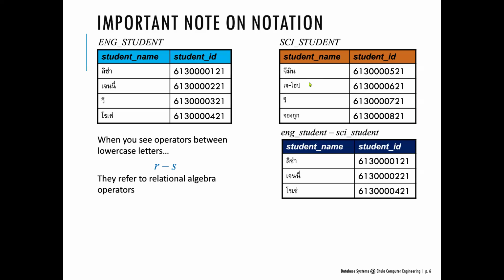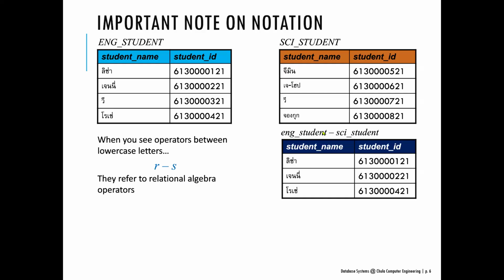If you take a look at this relation called ENG student, and you have SCI student, engineering student, sci student there, right? So the name of the relation is usually written in an uppercase letter to tell you that it is a relation name. But if I want to write an operation, I will do it in lowercase letters.